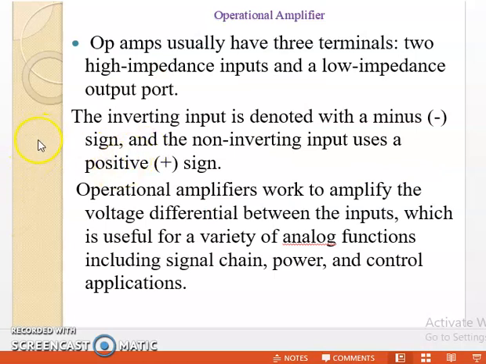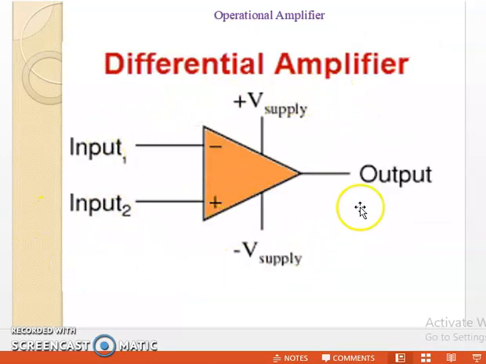So now the point is clear. Operational amplifiers work to amplify the voltage differential between the inputs, which is useful for a variety of analog functions including signal chain, power and control applications. So this is nothing but the schematic symbol of the operational amplifier.